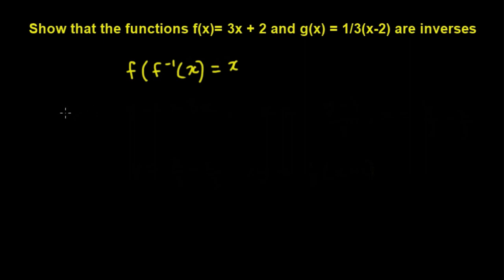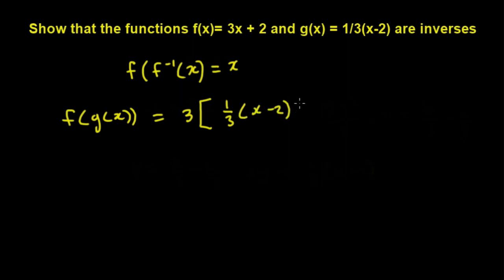So let's say for example we did f of g of x. So that's going to equal, well, we're going to do g of x first and then we're going to put it into f. So everywhere you see an x here, we've got to replace it with the g of x. So that's going to be 3 times 1 upon 3 times x minus 2, and that's all going to be plus 2 at the end.